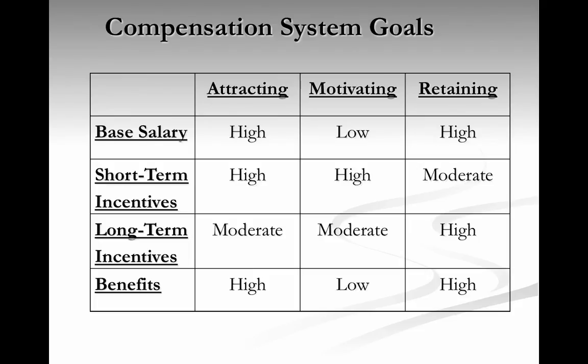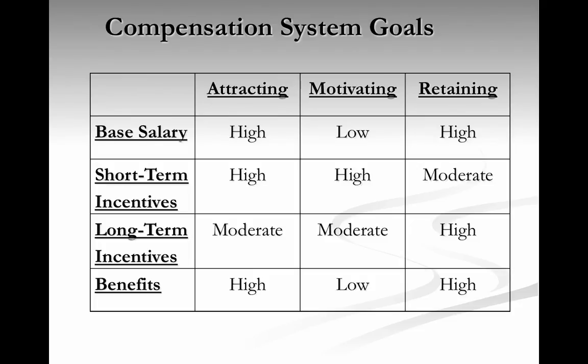It's the short-term and long-term incentives. And those things have a huge impact on attracting people to the organization. As a rule, the short term is much better at attracting than the longer term. Short-term incentives are really good at motivating people. Moderate impact with long-term incentives, but long-term incentives really have the greatest impact on retaining people.